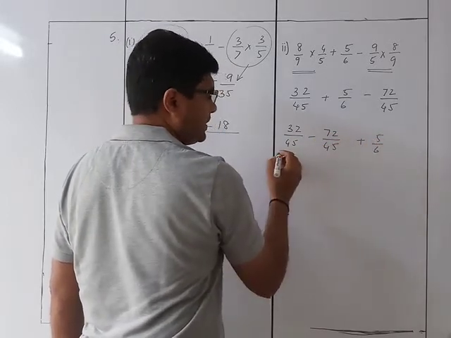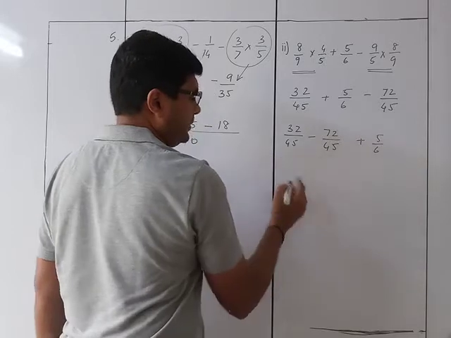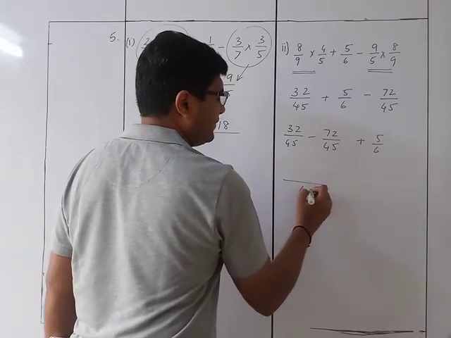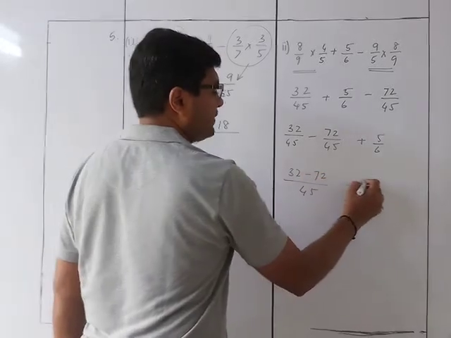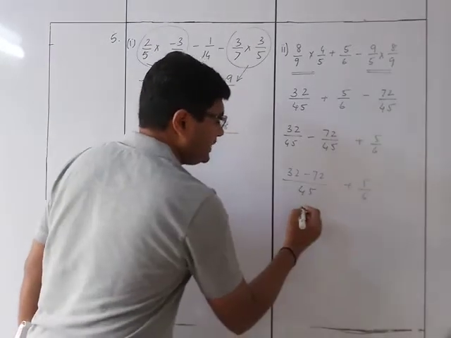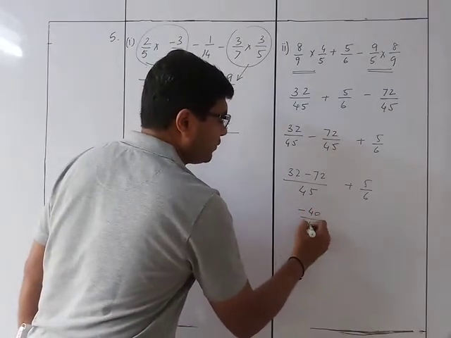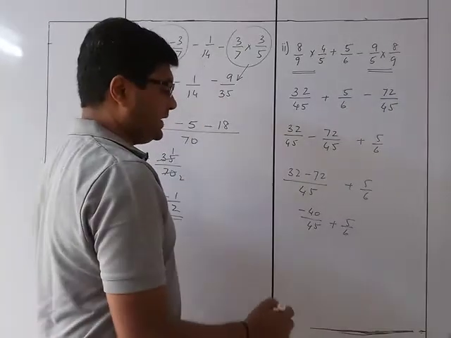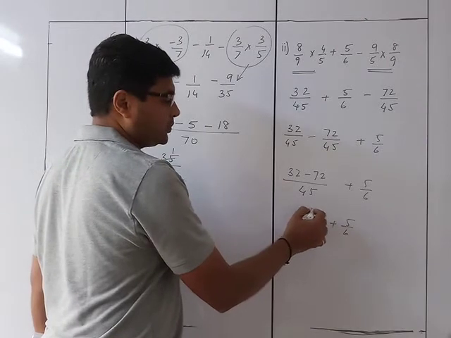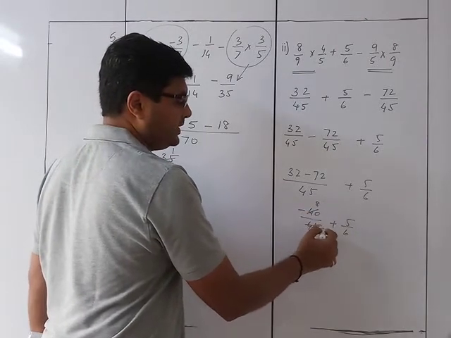Now the combination of these 2 over here will give me 45, and this is 32 minus 72 plus 5 upon 6. This gives me minus 40 upon 45 plus 5 upon 6. Now I can do the cancellation over here, 8 fives are 40, and 9 fives are 45.